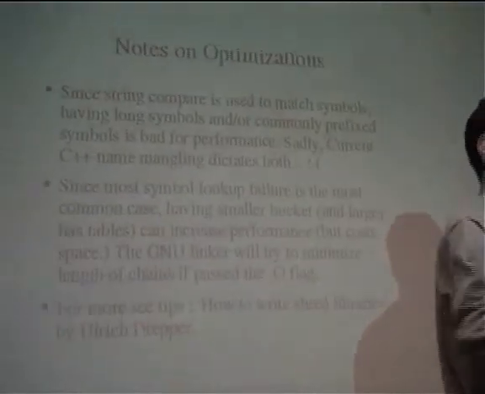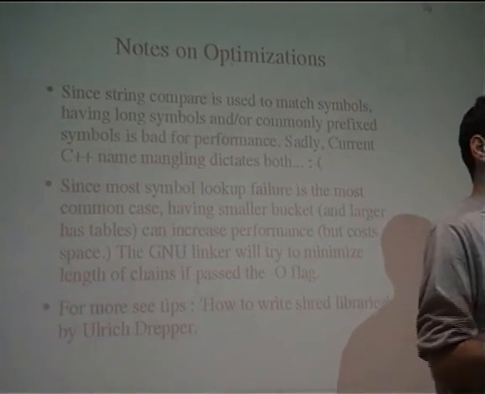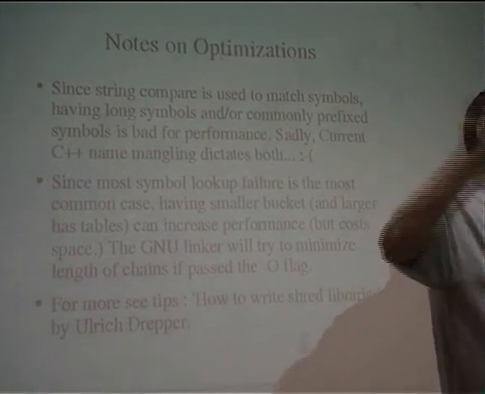Okay, so a couple of notes on optimization. We're using string comparisons to determine if a symbol is really the symbol we're looking for, and for the versioning. That means that if you want to do it faster, create shorter strings.